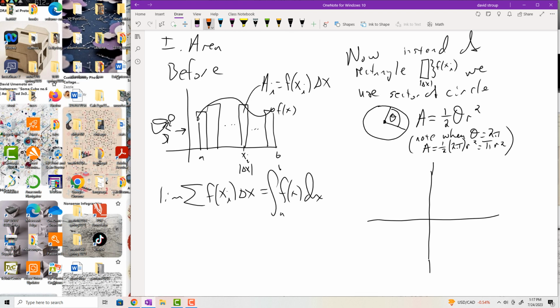We'll have some polar curve, maybe starting at theta equals alpha, and then rotating over to theta equals beta, and at the same time tracing out some sort of weird blobby thing like this. What we'll do is section it off into a bunch of sectors of circles. So instead of rectangles, you have these things.